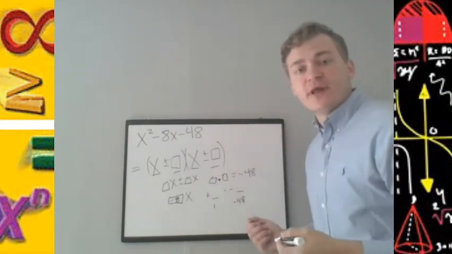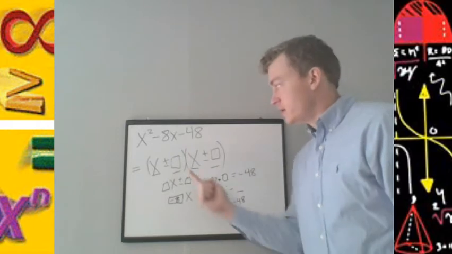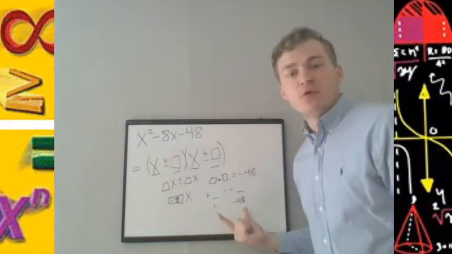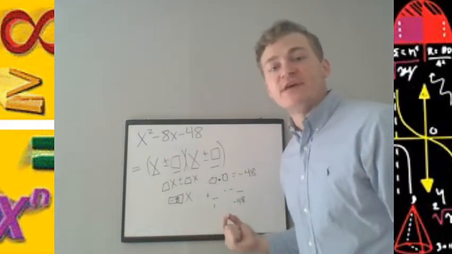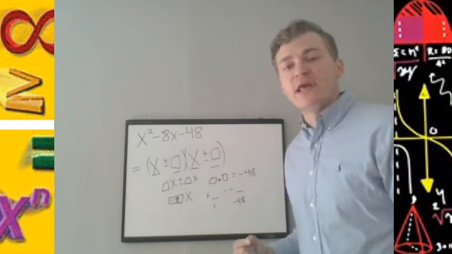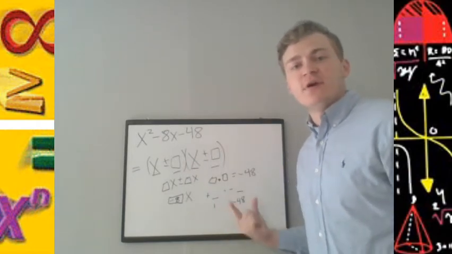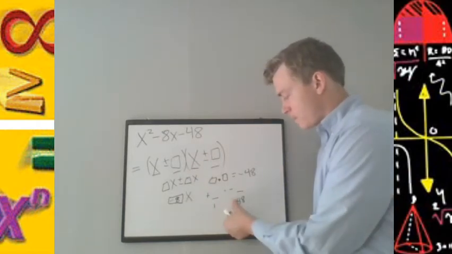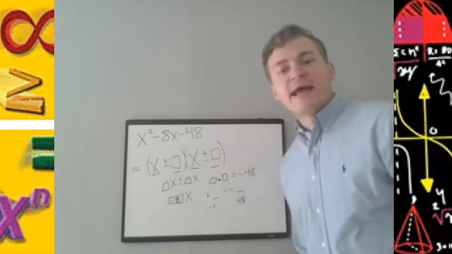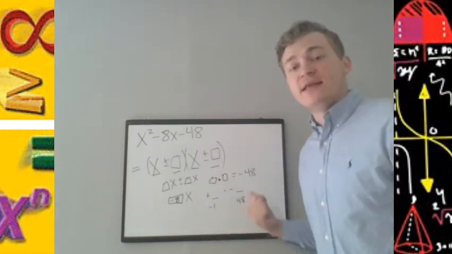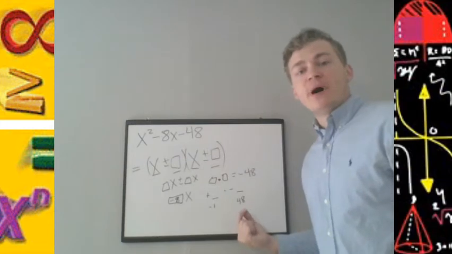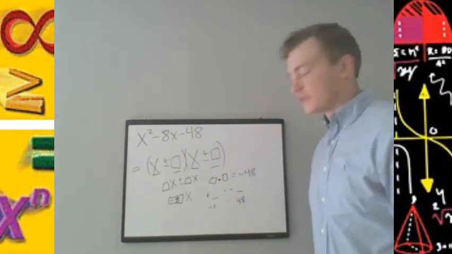That will get us negative 48, but will it combine to give us negative 8? No, this combines to get us negative 47. 1 combined with negative 48 is negative 47. That's not going to help. Negative 1 multiply 48 is negative 48, but when we combine, it's 47. That's not good either.